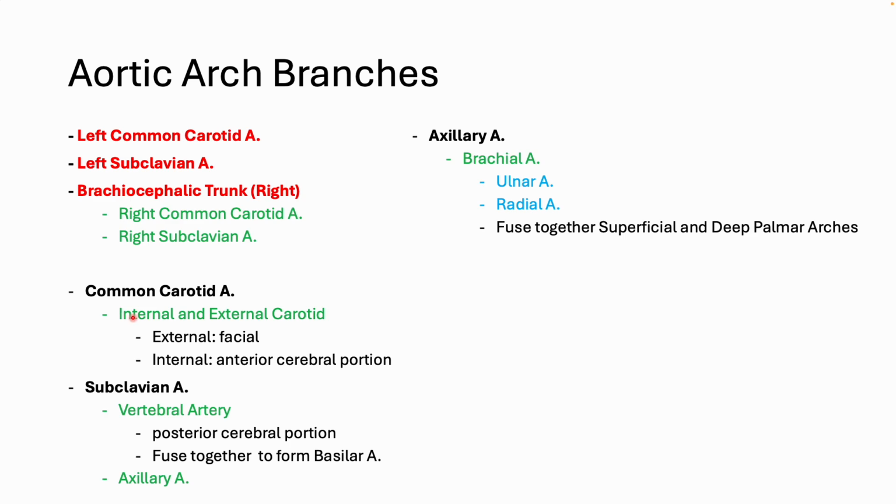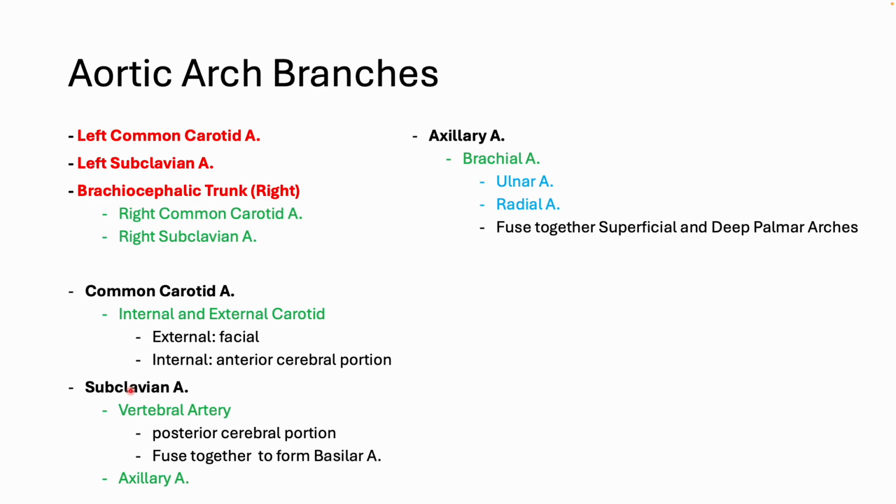The external will supply the facial region, your face and lower jaw, mostly on your face. And the internal will supply the anterior portion of the cerebrum. So the front of the brain will be supplied by the internal carotid. Your subclavian will give rise to your vertebral arteries, which supply the posterior cerebral portion.